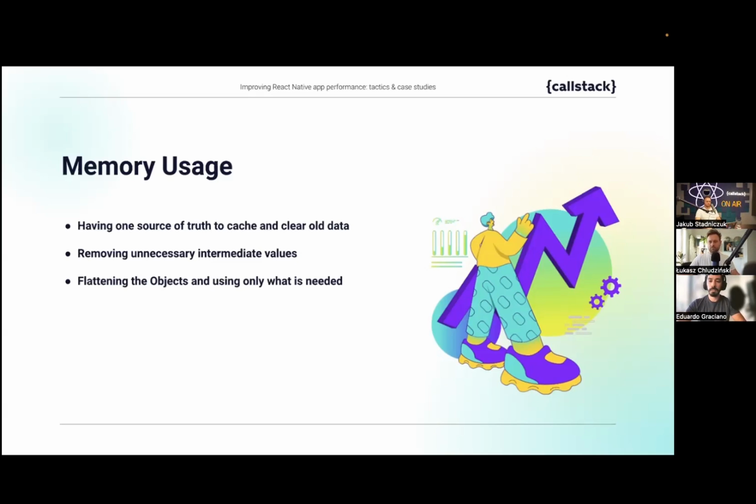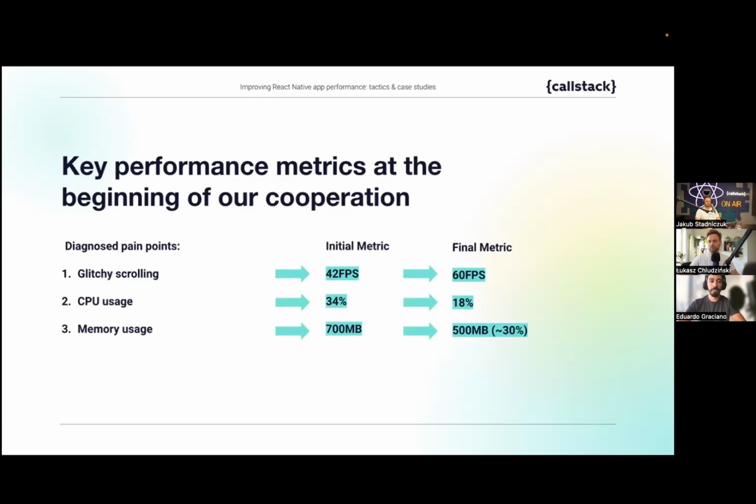And here we have the final results. Thanks to hard work and a pursuit of excellence, we achieved good initial numbers, I think. The challenge of enhancing the scrolling experience gave a nice and stable 60 FPS.